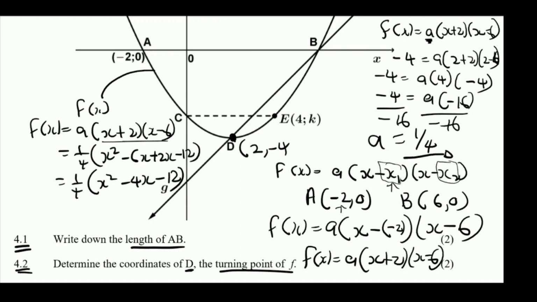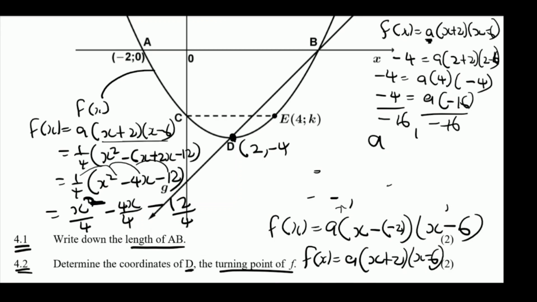Right, so now we're going to multiply the 1 over 4 into every term, and then we're going to get x to the power of 2 over 4, minus 4x over 4, minus 12 over 4. So the solution would be the following.